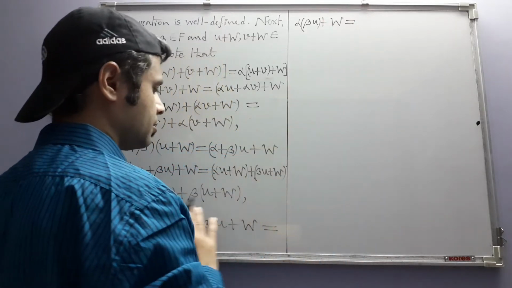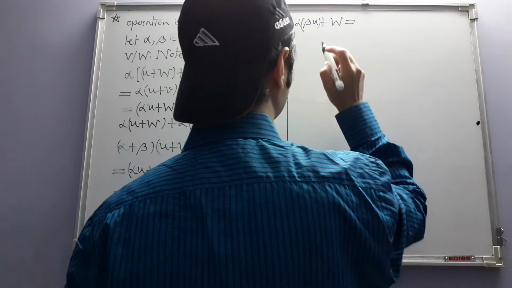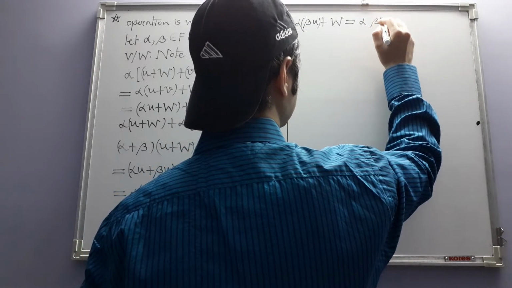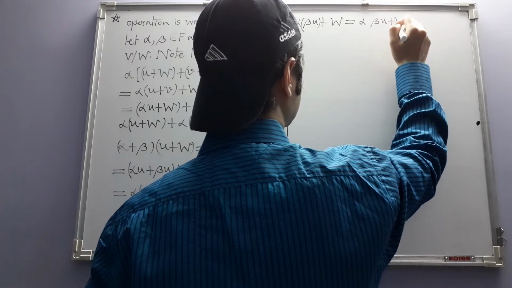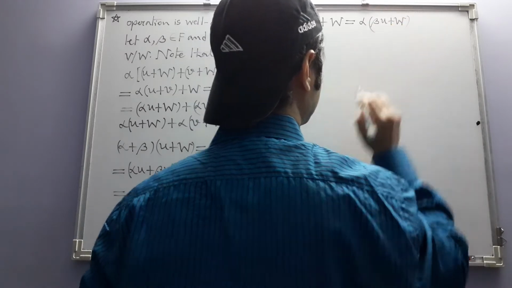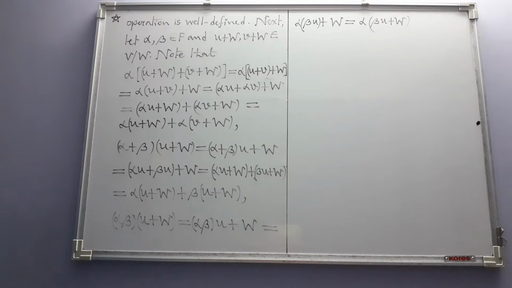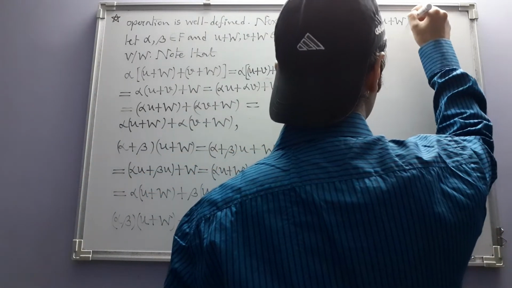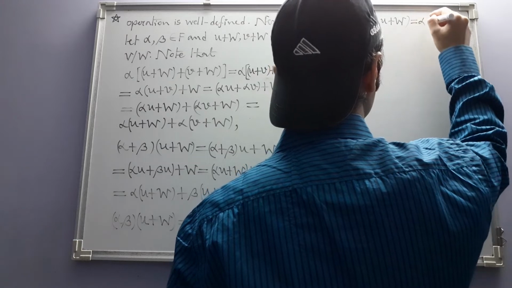Now apply the definition of the second operation two times. So first, once you apply it, you get this product, alpha times the coset beta u plus w. Once again you apply it, you get this.